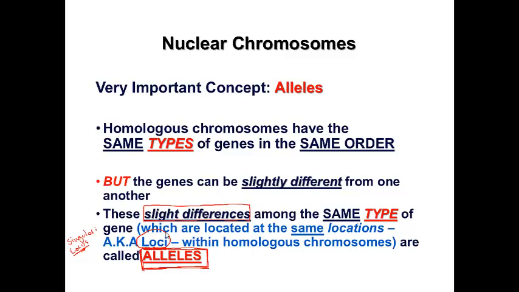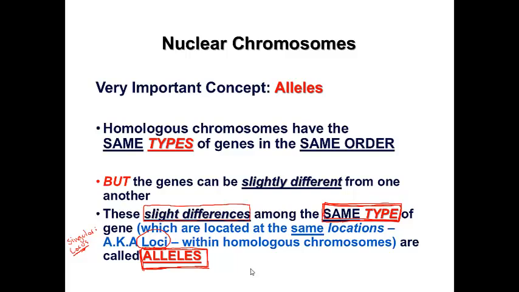Okay, but right now you just have to know that these slight differences among the same type of gene, meaning, for example, gene number 1, gene number 2, gene number 3, gene number 4, that make proteins number 1, number 2, number 3, number 4, respectively. All right? But they have slightly different aspects to them, okay, in their basic design. All right?